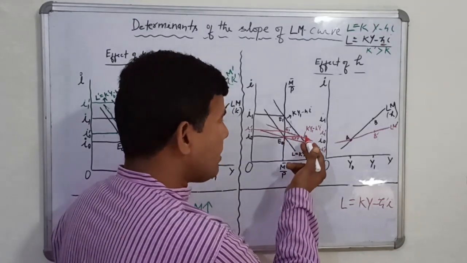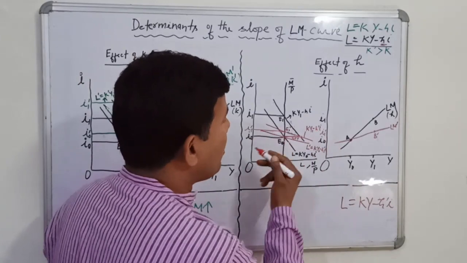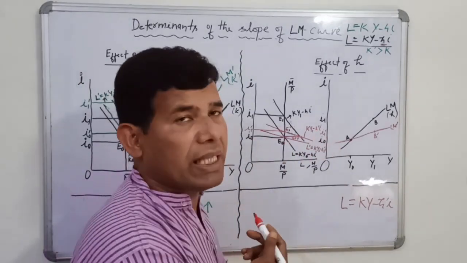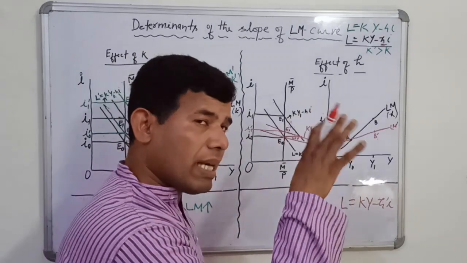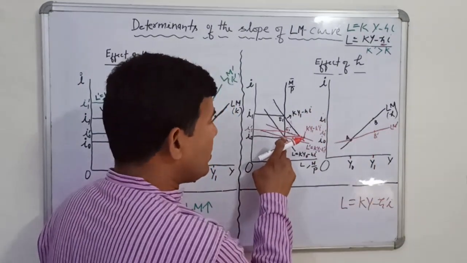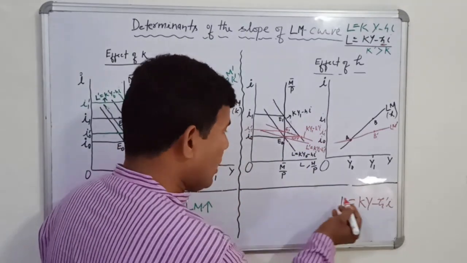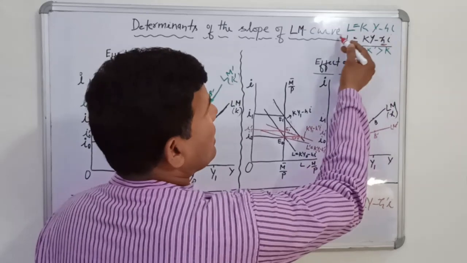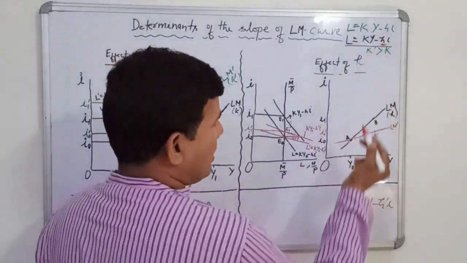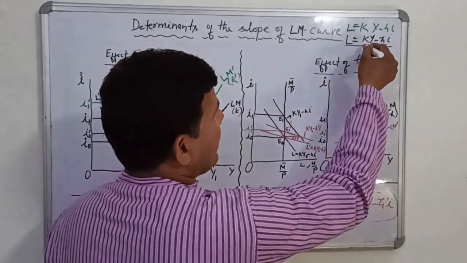The money demand line will shift rightward. What would be the degree of shift of the money demand line to the right? Exactly the same amount which we observed in the case of the black money demand line, because the value of K is the same. Look at the original initial money demand function and the new money demand function.